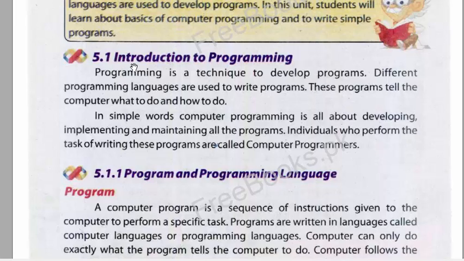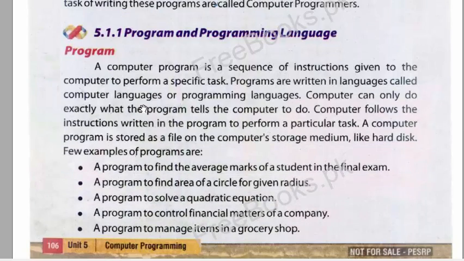Next is program and programming language. What is a program? A computer program is a sequence of instructions given to the computer to perform a specific task. Programs are written in languages called computer languages or programming languages.